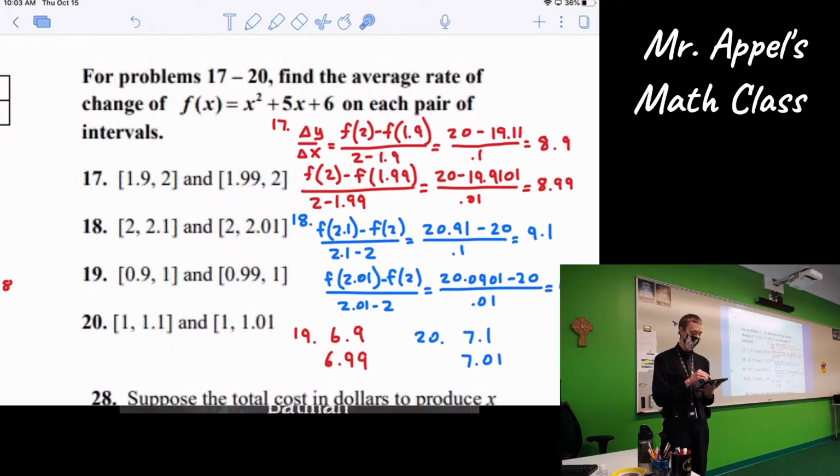So there's actually 2 calculations for each one here. But it does play into our idea here of getting closer and closer to an expected value here. So for number 17, the first rate of change should be 8.9, and the second one, 1 decimal point more specific, you get 8.99.